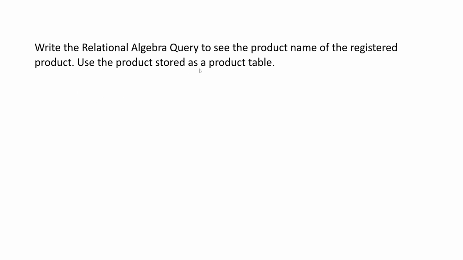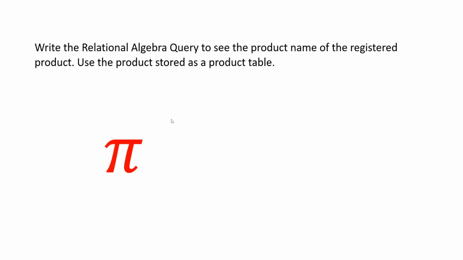So in this question, they have told us to write a relational algebra query to find out the product name of the registered product. So we need to use the product table to find out this. You can see here, this is an operator. We call this operator a projection operator.